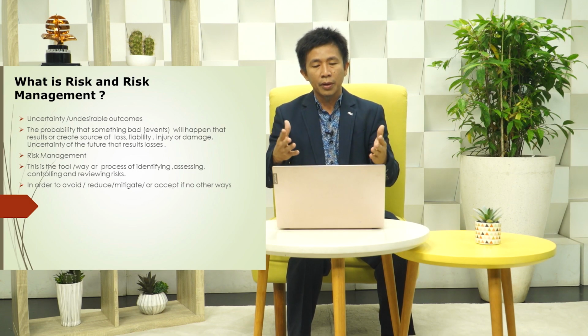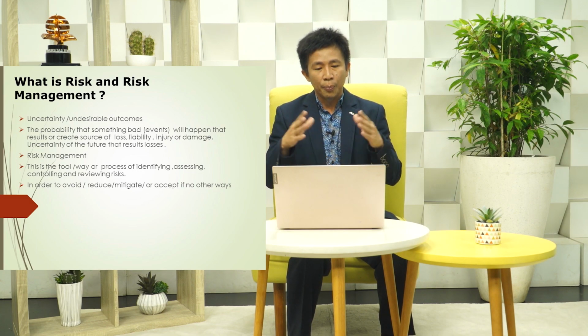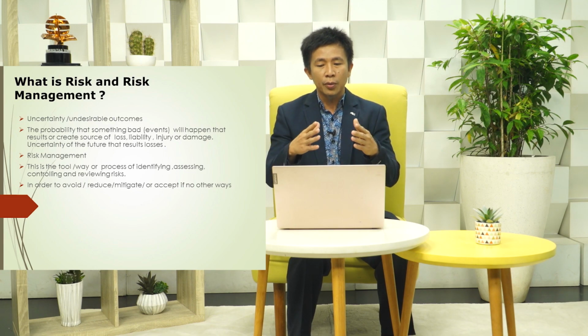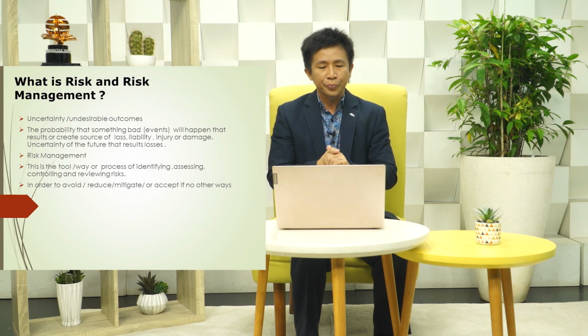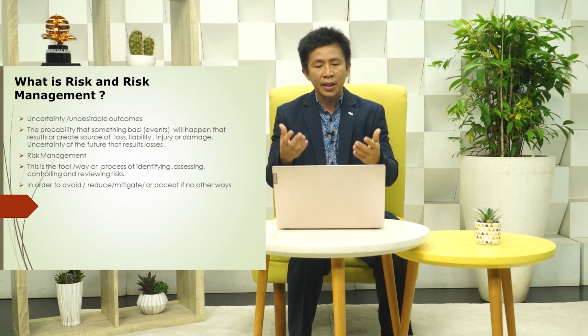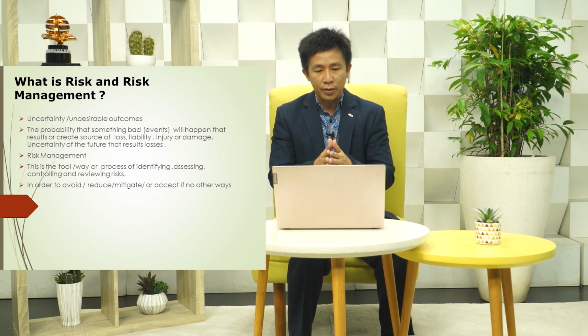So the probability that bad events will happen that will result in loss, liability, injury, or damage to the bank or to the organization. It can also be an uncertainty of the future that results in losses. So that is a risk.